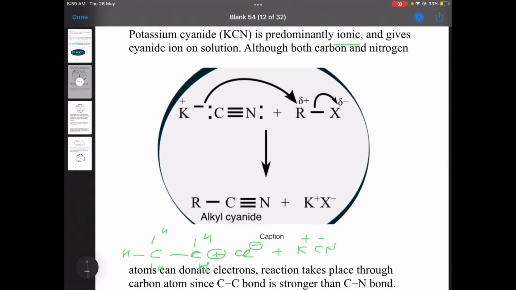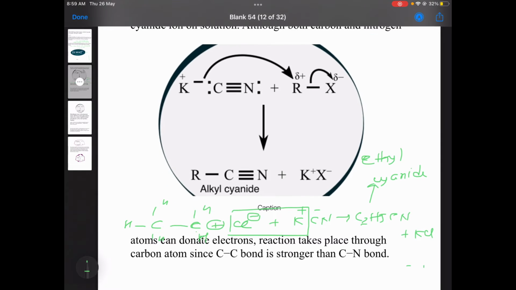So this gives C2H5CN, and simultaneously you get KCl. This is called ethyl cyanide, or ethane nitrile in the IUPAC name.